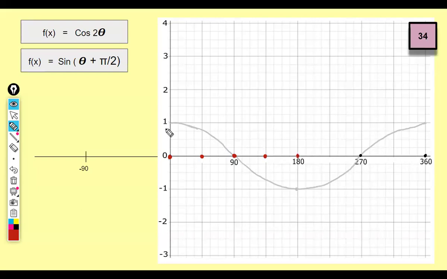So look at what happens to this graph now. It will look like it got compressed. Does it look like the graph got compressed? Like somebody pushed it this way? Like this was a wall, and somebody pushed this point to reach over here. So you notice the whole graph fit in half the space, because the original graph took 360 to fit.